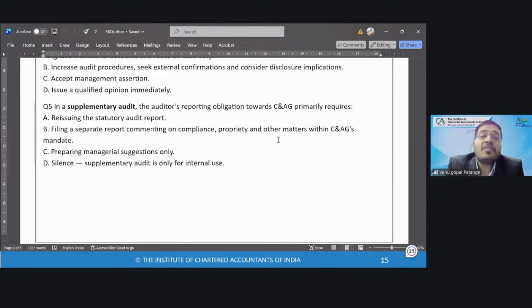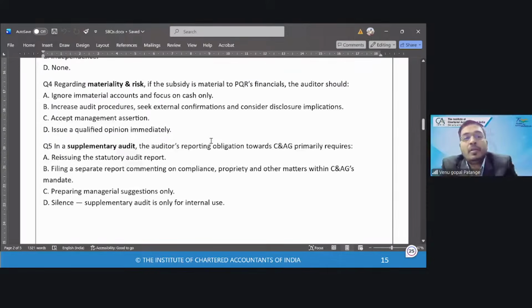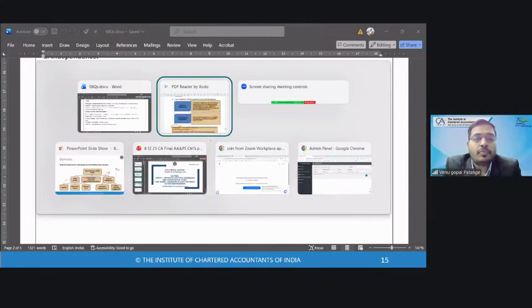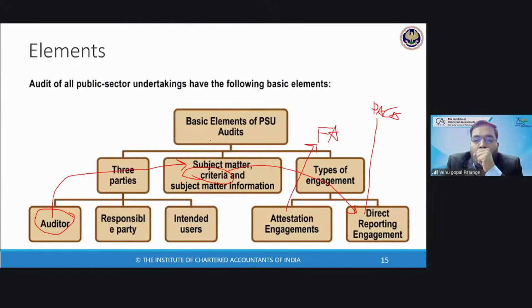C&AG performs a supplementary audit, and it comments on the audit report also, the one conducted by the CA. So the elements of audit are pretty much from the assurance definition point of view, and it was not new to you. We are clear with the elements.